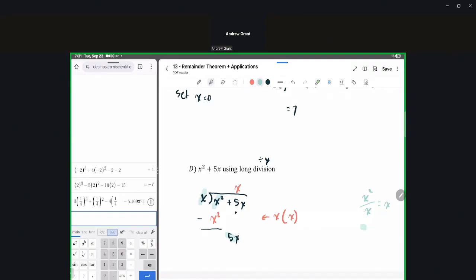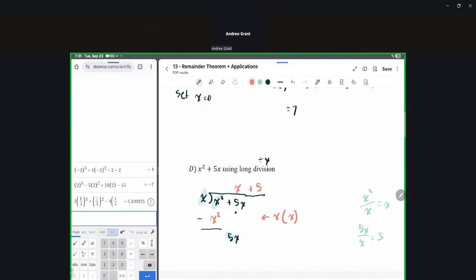So if we take 5x and divide it by x, that's just going to be 5. And so we ran out of space up here, so let's continue this on. We will write our plus 5.